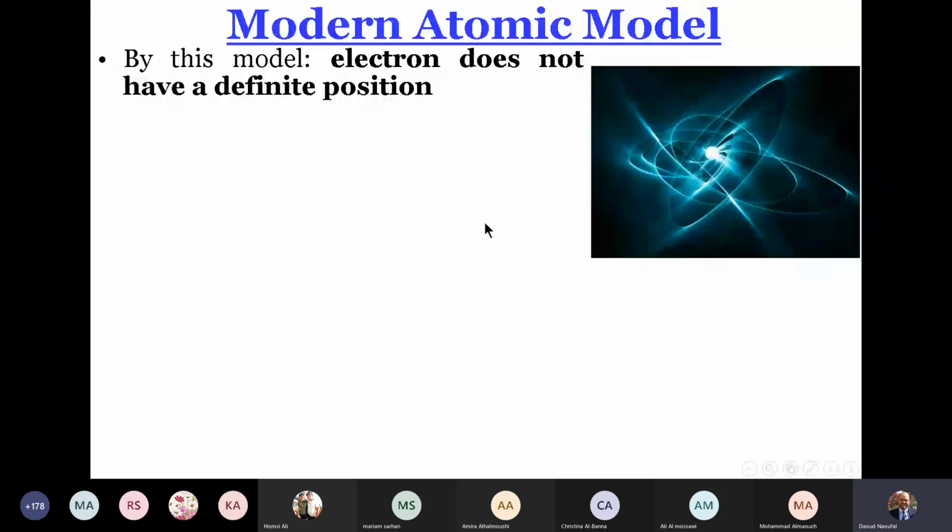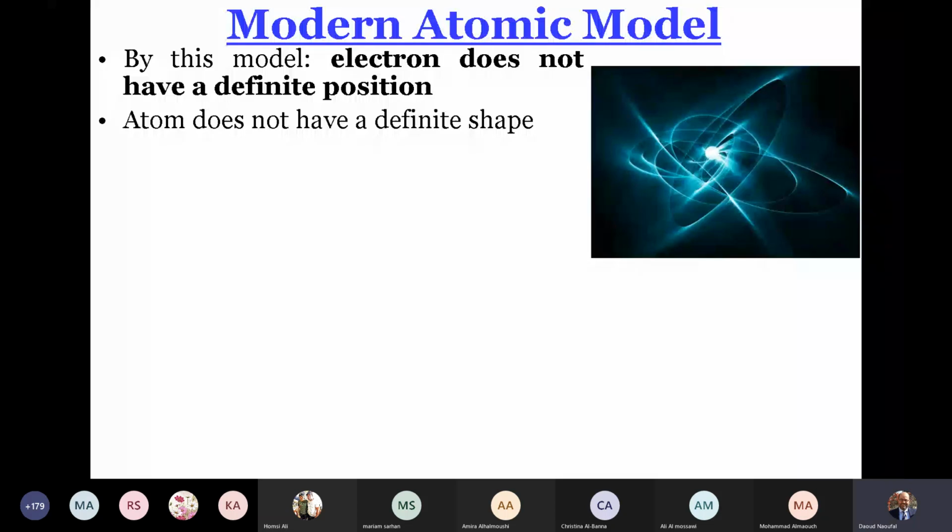The size of the atom is the distance between the nucleus and this electron, and the electron does not have a definite place. So we cannot locate exactly what is the distance between the nucleus and this electron. So the atom does not have a definite shape.